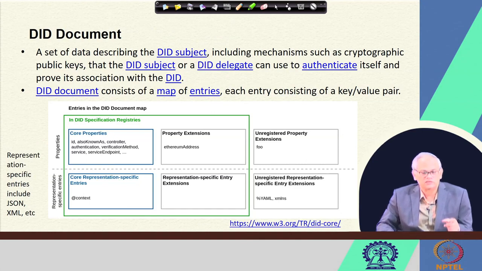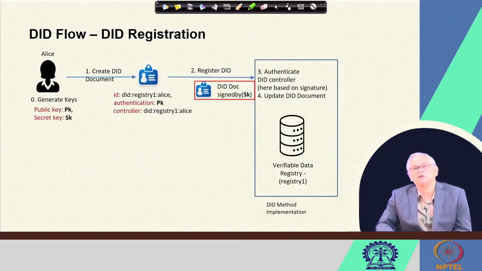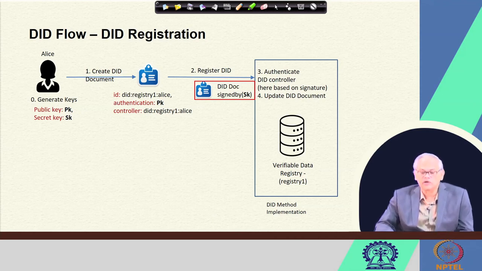As also mentioned here, there are many possible extensions and unregistered property extensions. So, one can add to the type of method that can be used for authenticating the controller and also the subject, and the DID document gets updated.